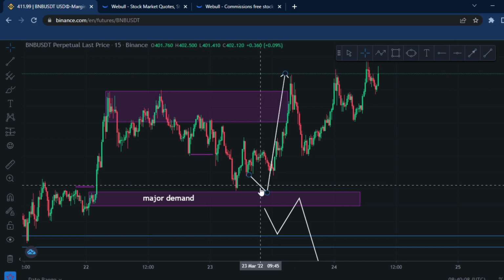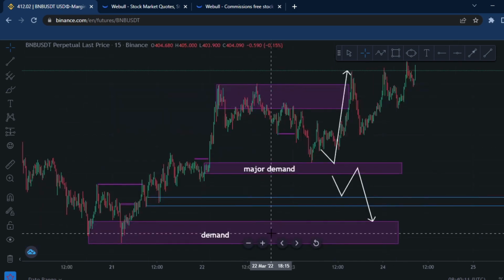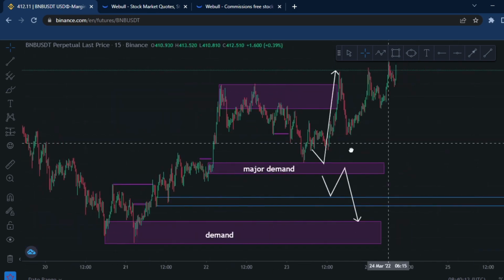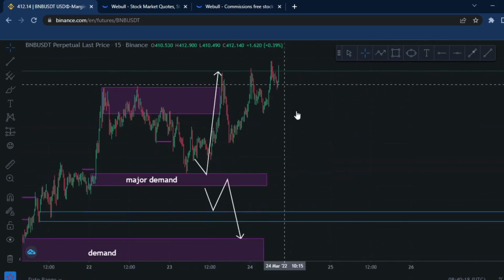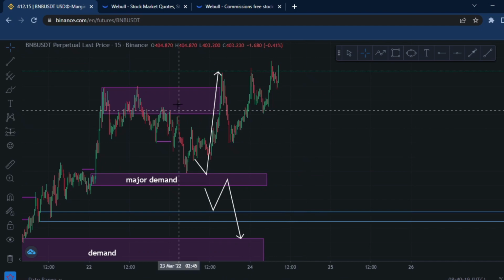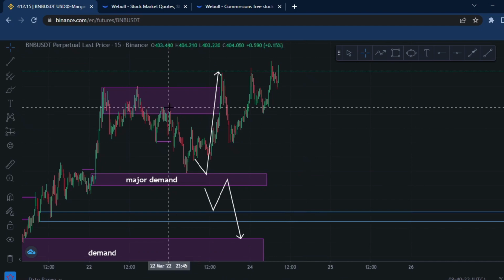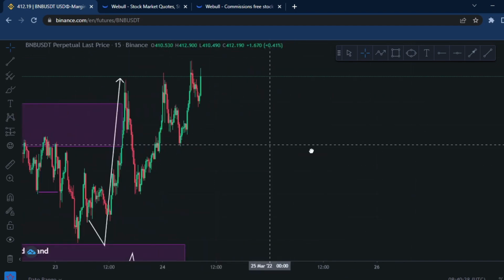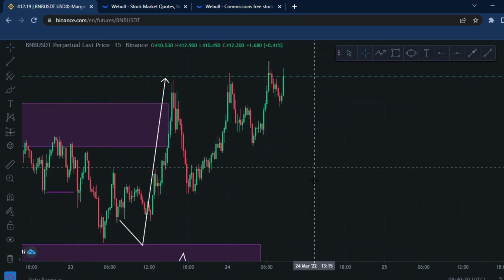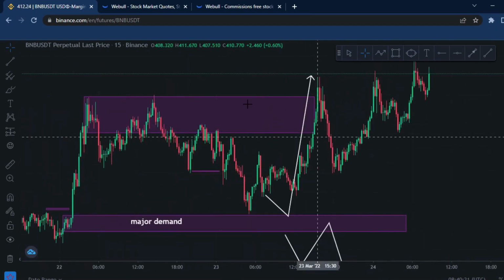If they broke through, they would come to this area, but now they didn't. So which means now we expect new structures in the upward direction. So this is going to become our new area of support, because initially it was an area of resistance.